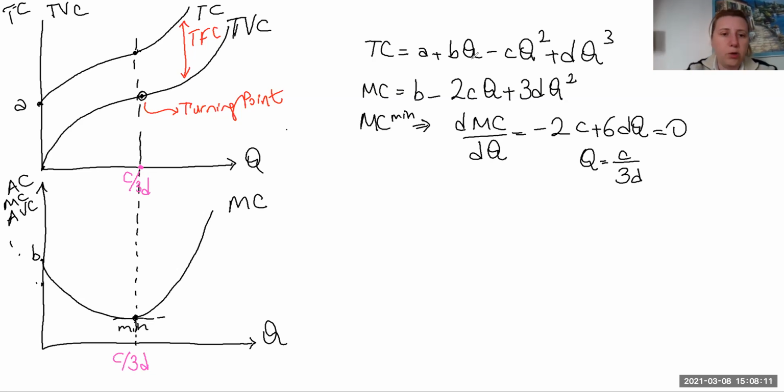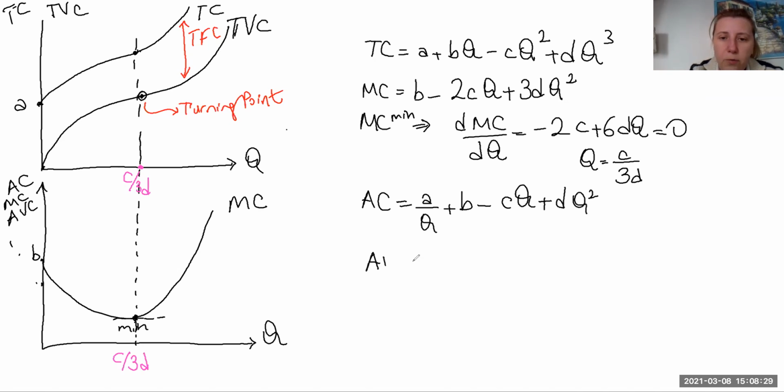And let's also draw here the average cost and the average variable cost functions. Average cost function, total cost over Q: A over Q plus B minus CQ plus BQ squared, and average variable cost function is B minus CQ plus BQ squared.